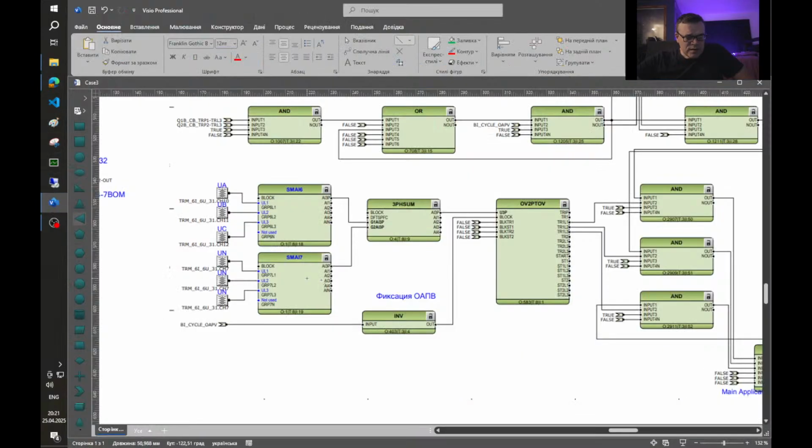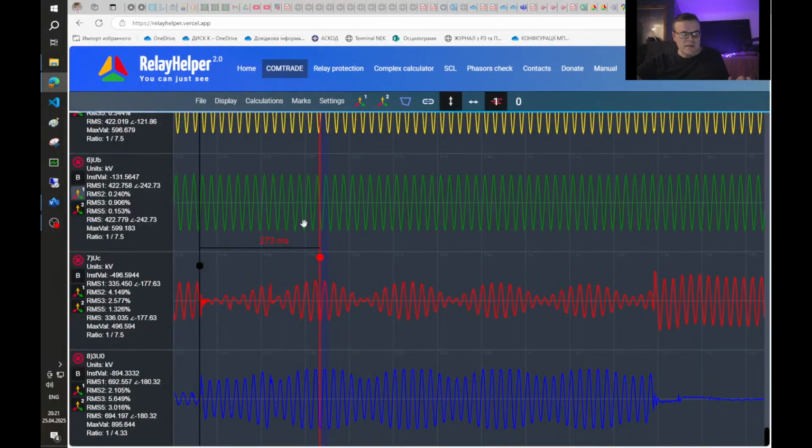So this logic has the minimal time because the problem is, as I said, that air in the place of the fault needs to be deionized. So there is a minimal time. It has to be at least 300 milliseconds.